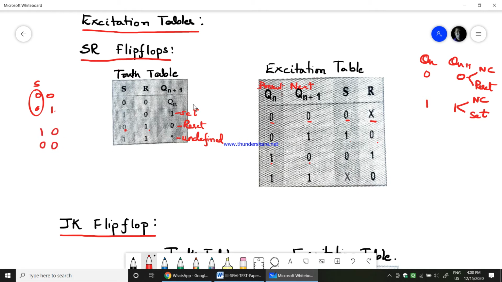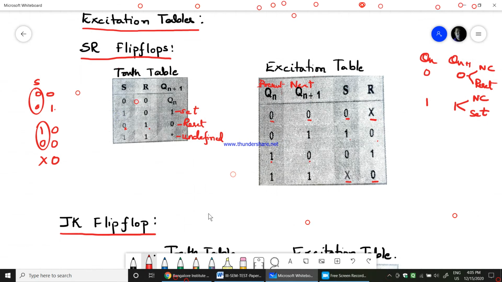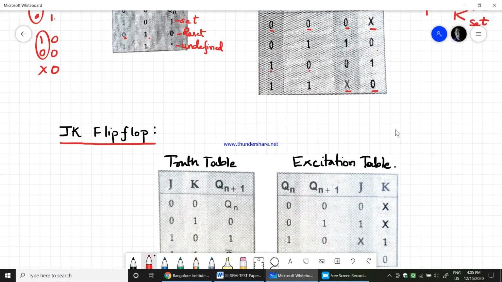For 0 0 it is no change, for 1 0 it is the set condition. Therefore S will be X, and R will be 0. So this would be the excitation table of an SR flip-flop. I hope you have understood how we wrote the excitation table of the SR flip-flop. Similarly, we write for other flip-flops also.